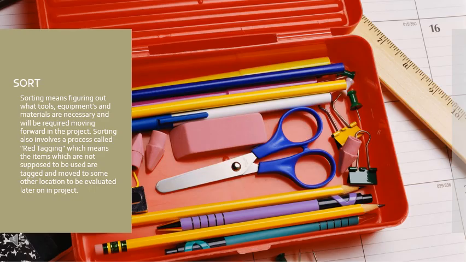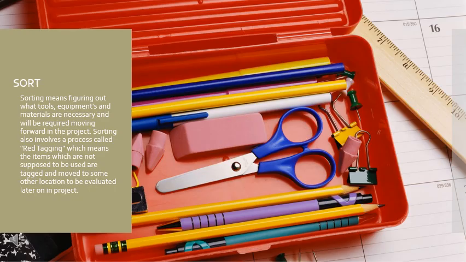It also involves a process called red tagging, which applies to items that are not of immediate use, or maybe we will need them in the future, but not at a particular time. We tag them and keep them separate at the location, or we move them to another location depending on the project and budget factors. They can be evaluated later if we need them. If we need them, we can transport them back and use them.